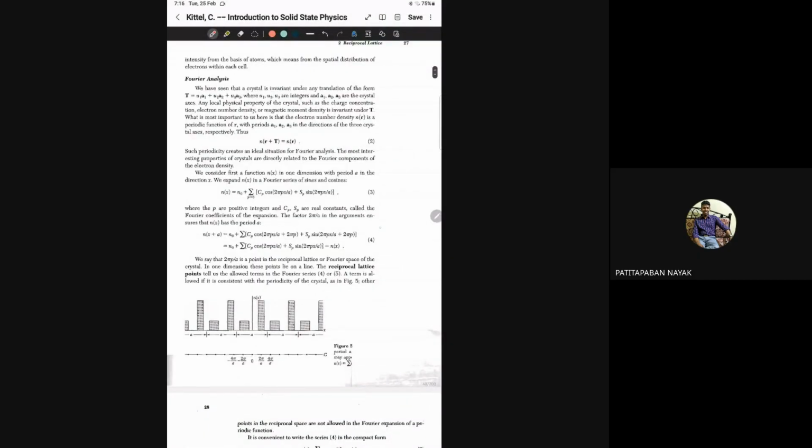The approach is basically similar, but here it has taken the electron distribution as the starting point.